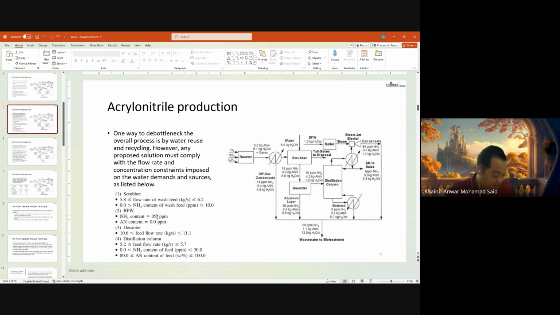This condition is available in the paper, with explanation. Since BFW requires the ammonia content to be zero, acrylonitrile is zero, meaning it's pure water.